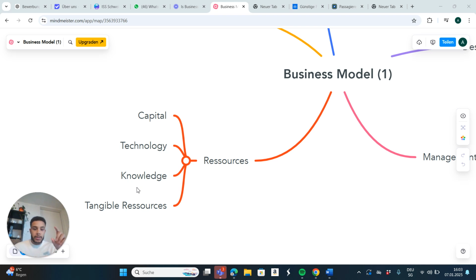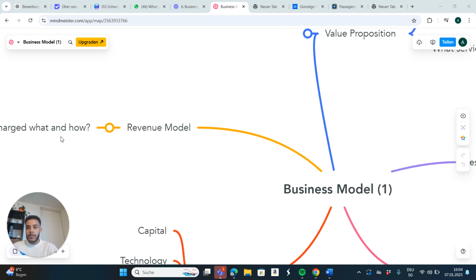So when I look at a company, at a business, I try, it's easier said than done, but I try to evaluate the knowledge of the whole team or the business owner in order to build the activity system to fulfill the value proposition of the business. And of course, there are tangible resources, as mentioned. You need a place, you need an oven, and you need raw materials, you need tomatoes and mozzarella and stuff.